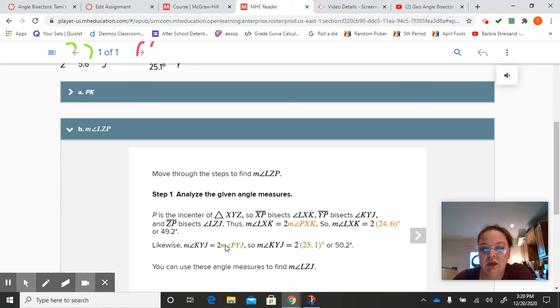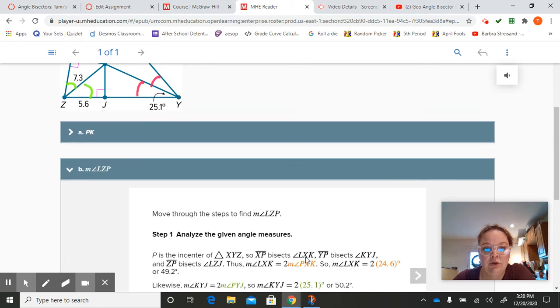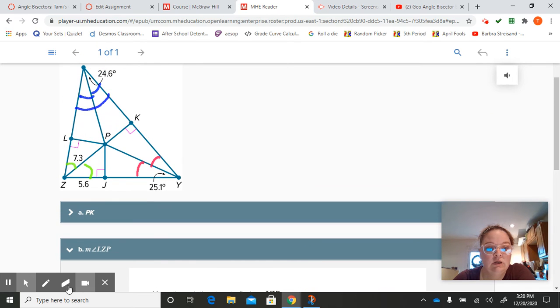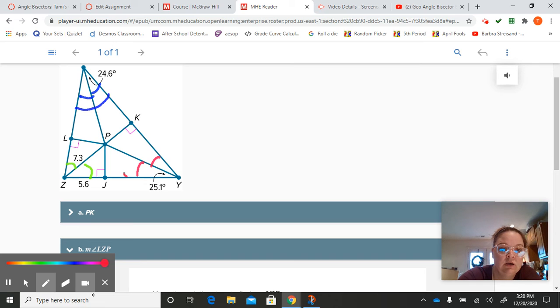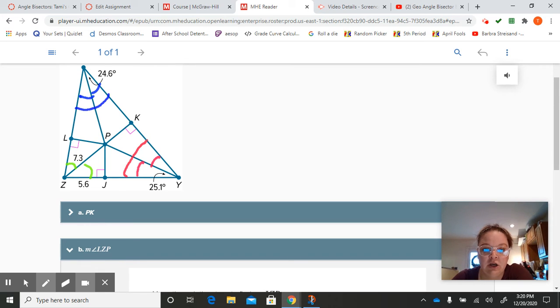Then they do the same thing for the other angle that we know, the 25.1. Let's go back to my red color, this whole guy here, right? So now we know from our big triangle, we know 2 of our angles.